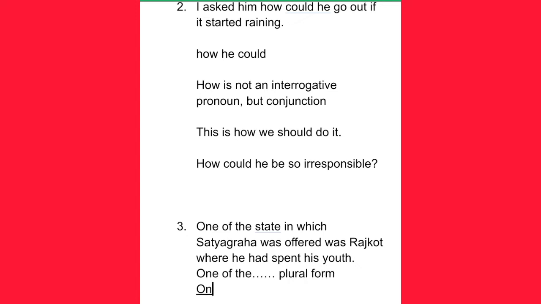Therefore, the correct answer would be one of the states, not state. That means there are many states, one of them. Therefore, we are using plural number. There are many, and we are talking about one of them. And therefore, here we must use states, not state.